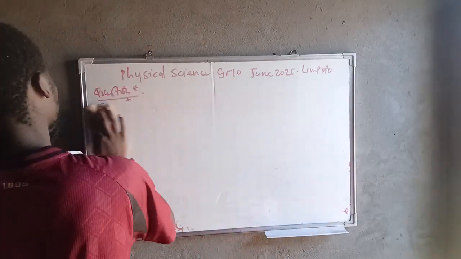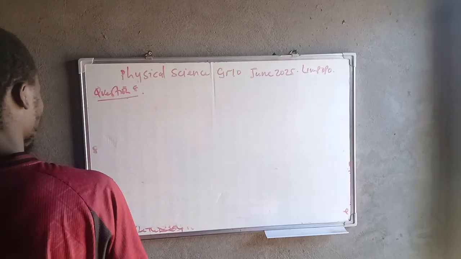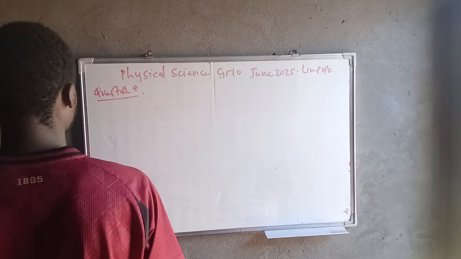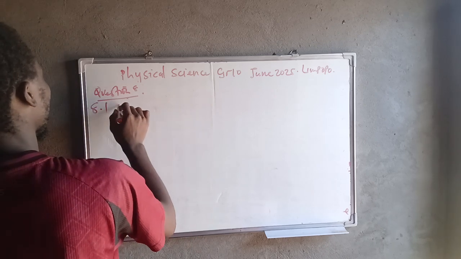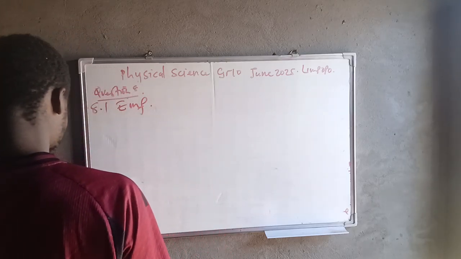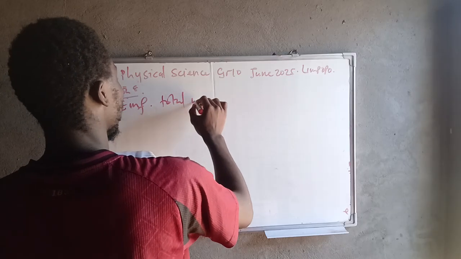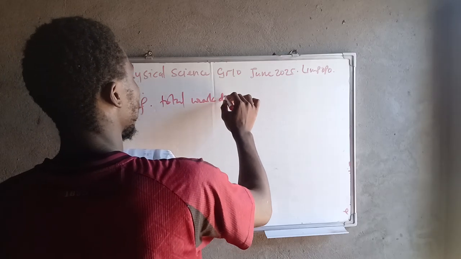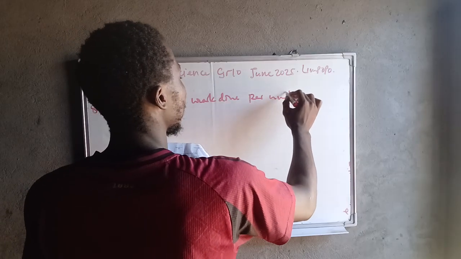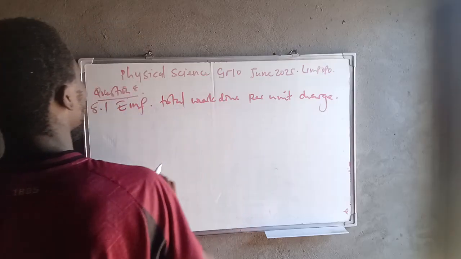So question 8.1, we want to answer the questions. 8.1 is saying determine the term electromotive force, EMF. So 8.1 is concerned about the electromotive force, which is the total work done per unit charge.